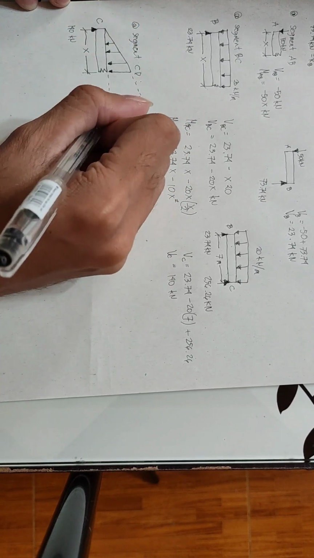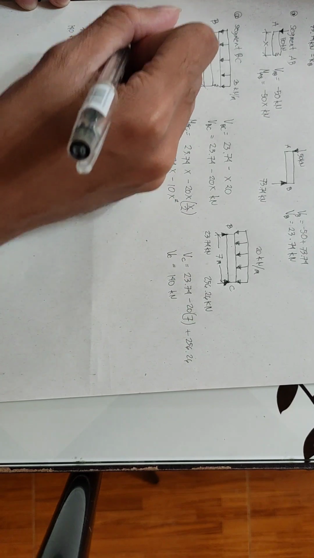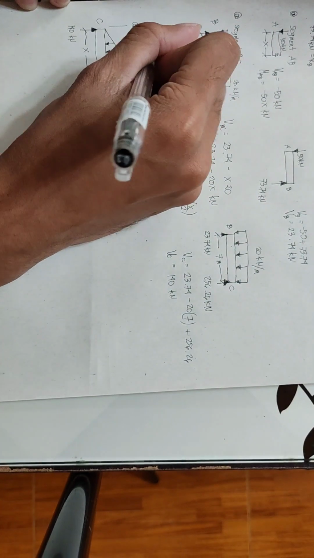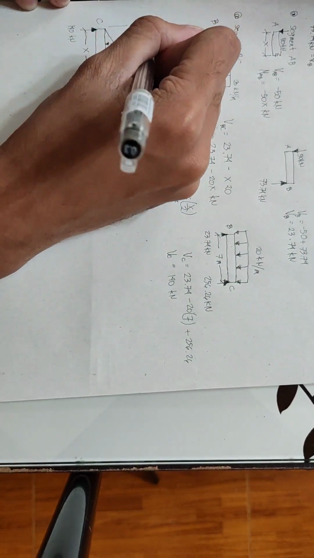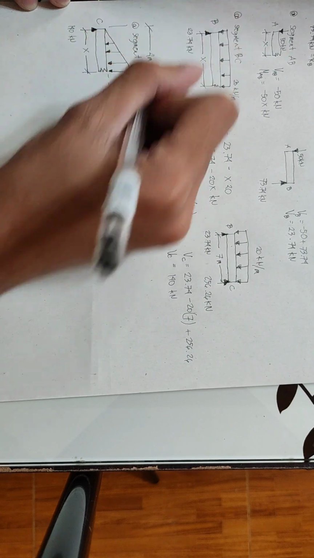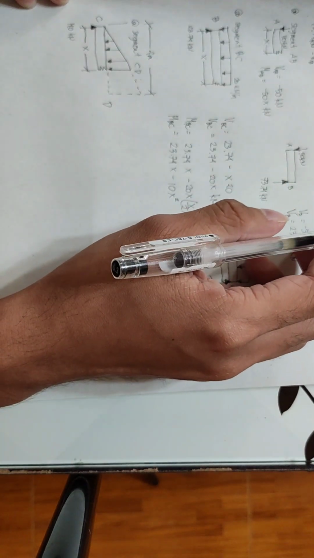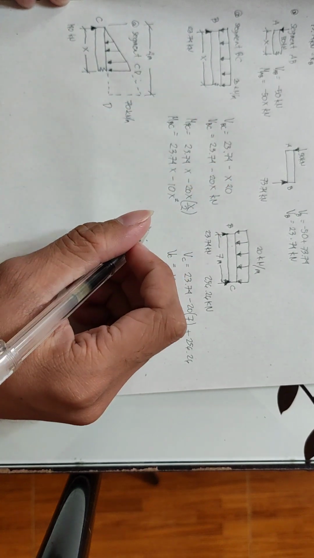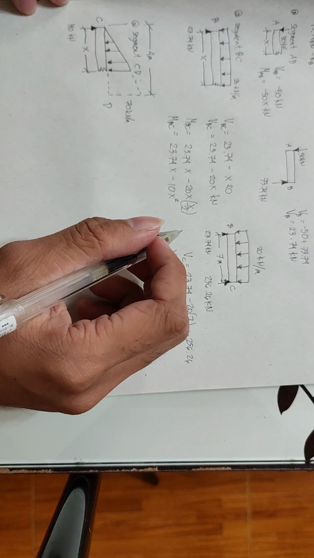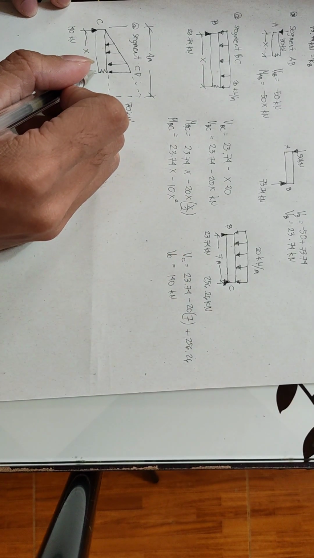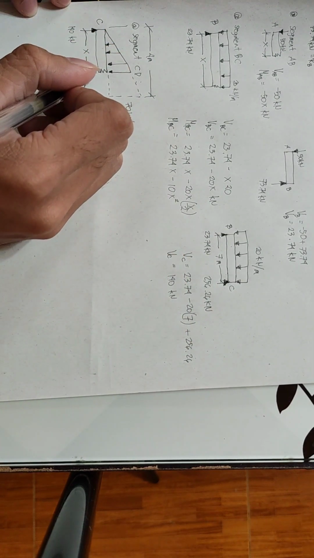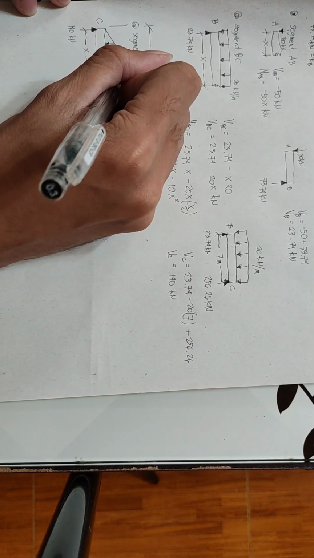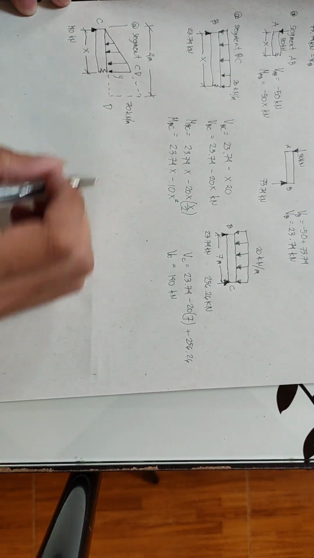From C to D, it has a distance of 4 meters, and the height of this one is 70 kilonewton per meter. Since we cut the segment, we need to find the value of this one, so we let this be Y.